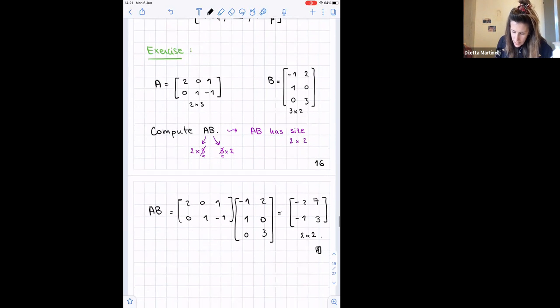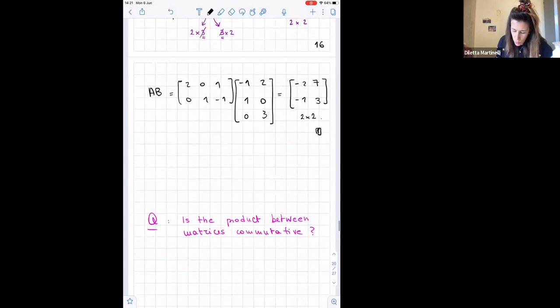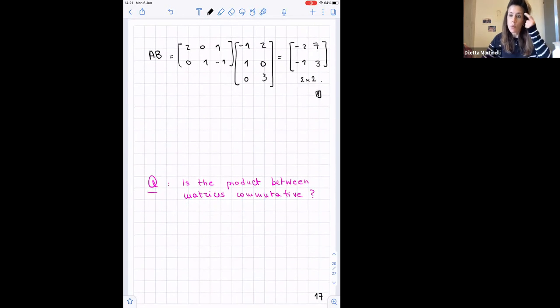So I already had a question: is the product of two matrices commutative? When we have two real numbers and we do p times q, it's commutative, and p times q is equal to q times p. Here we have a new multiplication, the multiplication between matrices. Is it commutative?